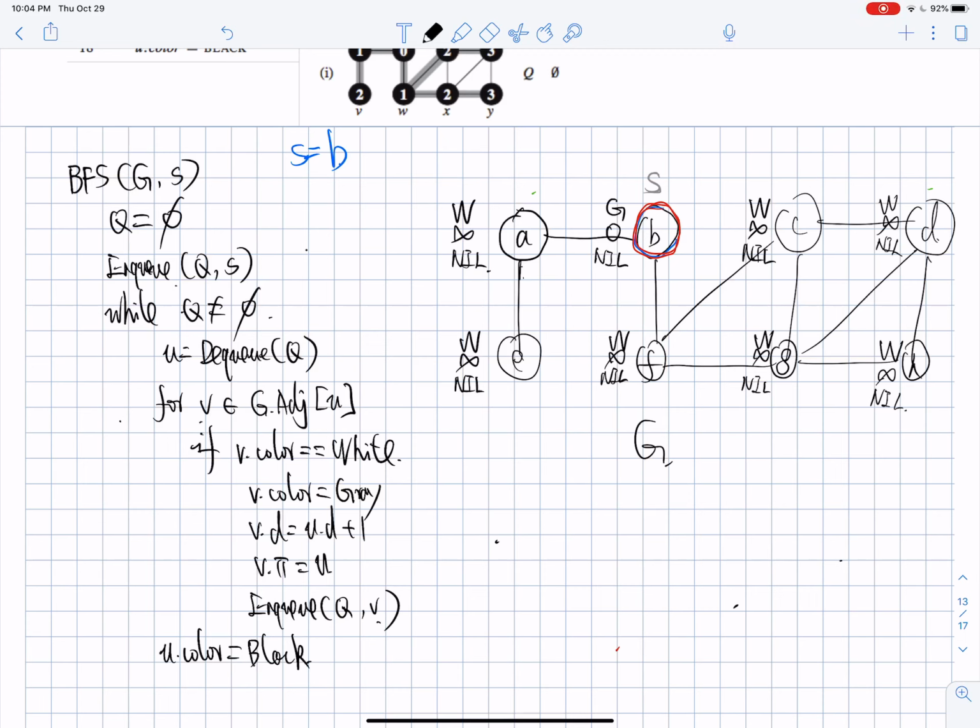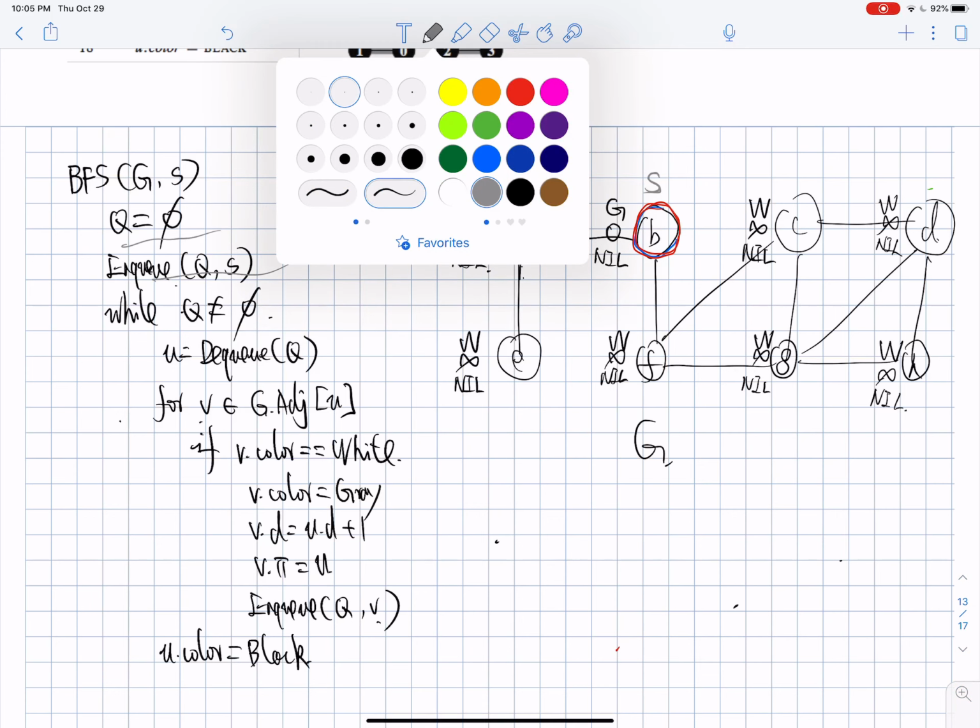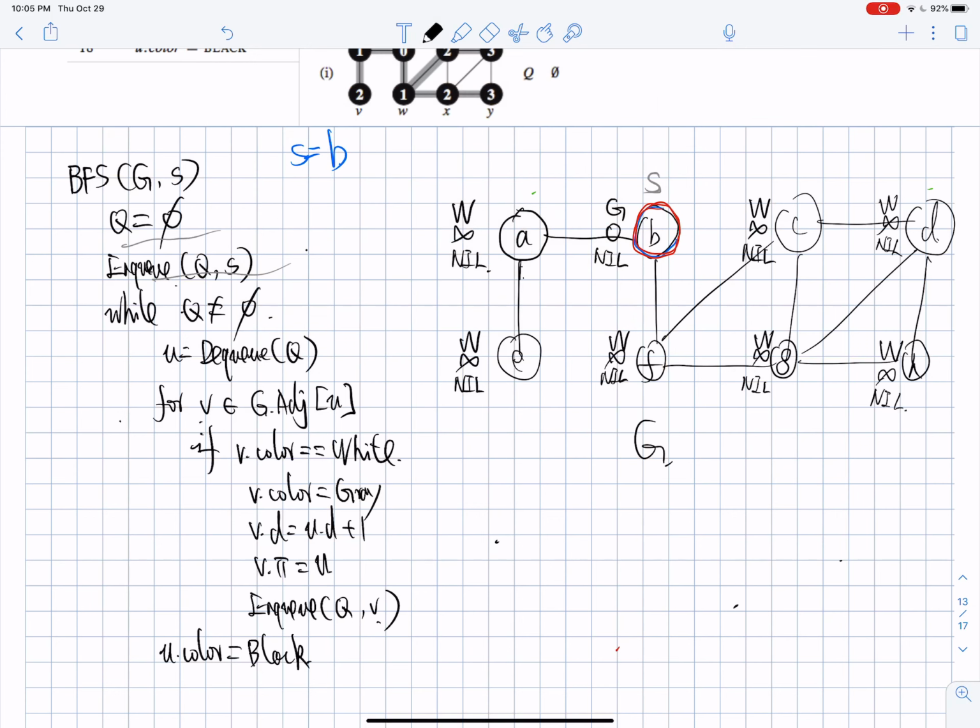So first, let's start from this line. We create an empty queue and enqueue. First we have an empty queue, and after we enqueue, we have the first node, which is B, our source node.